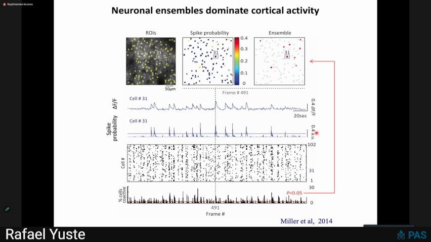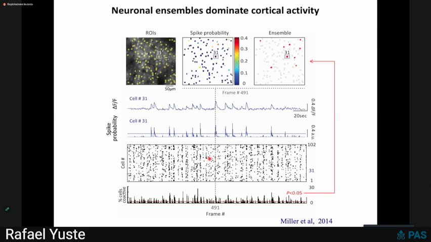And using a conservative threshold, we build a raster plot where every neuron is represented by a line as a function of time, and every one of these black dots represents when the neuron fires at least an action potential. This is the analysis of the movie that you just saw.